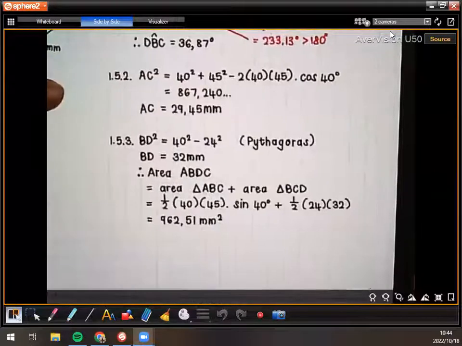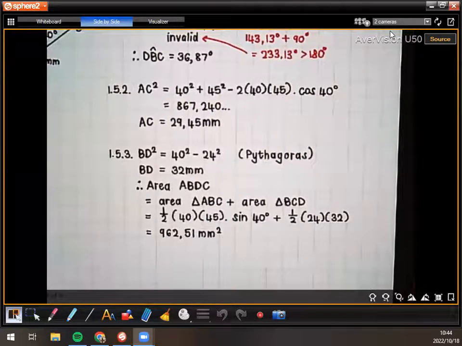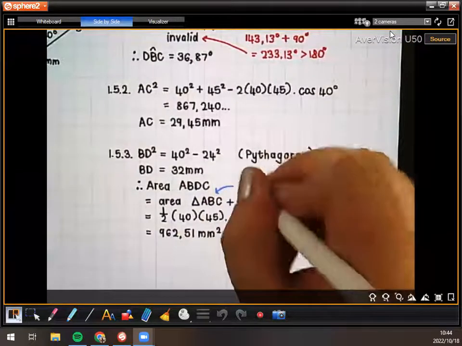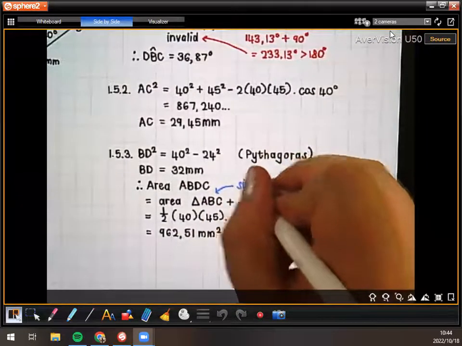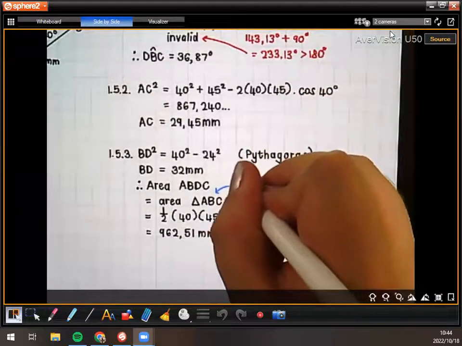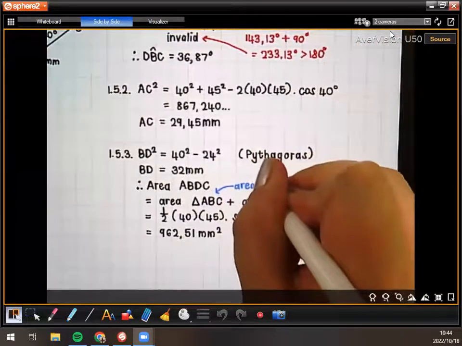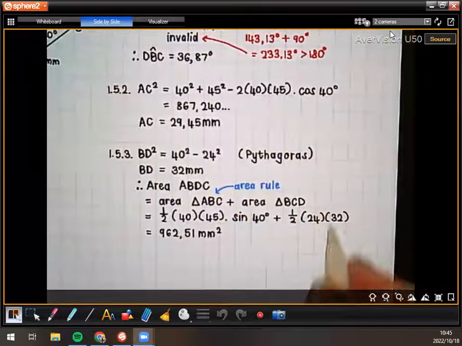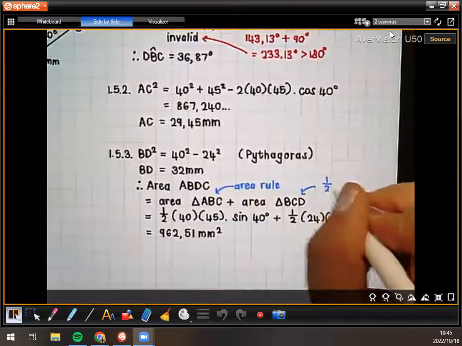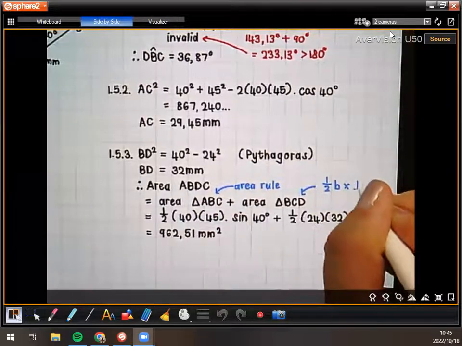From there, the first triangle, ABC, was not a right angle triangle. So for this one I'm using the area rule, not sine rule. And for the other one, which is the right angle triangle, I'm using half base times perpendicular height.